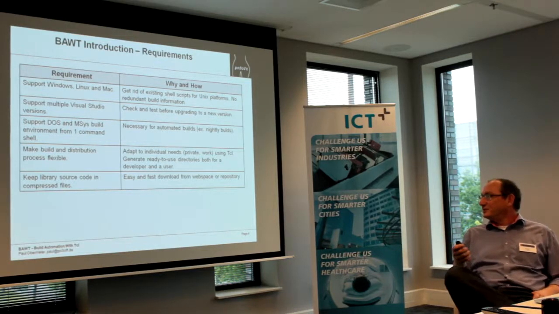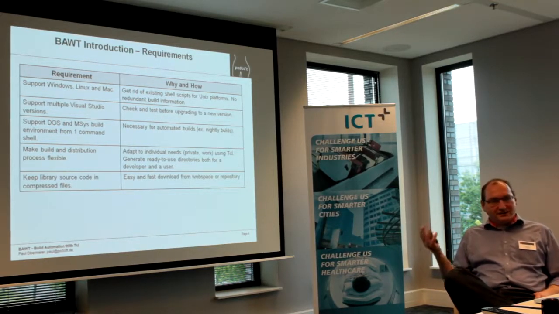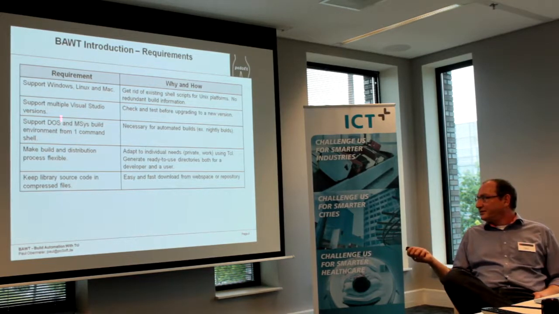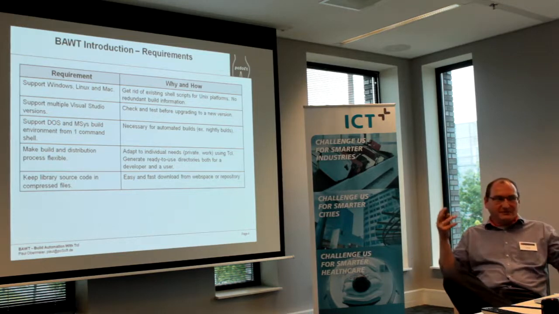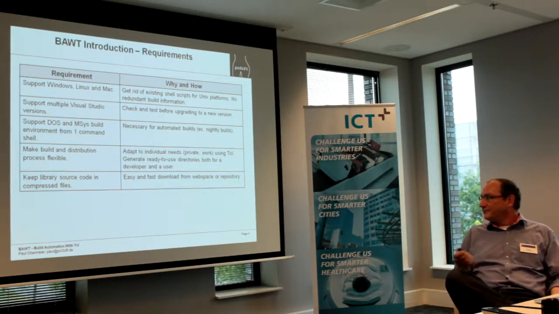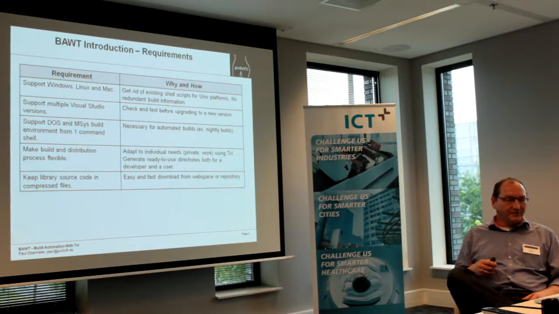So this should also be automatic. Then the third point I already mentioned: I want the software to be compiled from one job. This was a problem because one part runs in the MSYS MinGW environment, and the other in the DOS environment. And of course it should be relatively flexible.